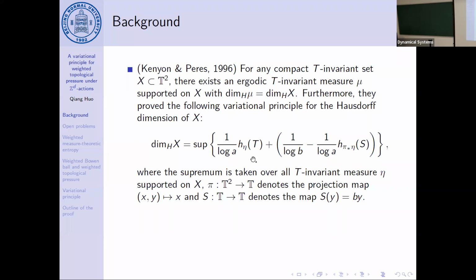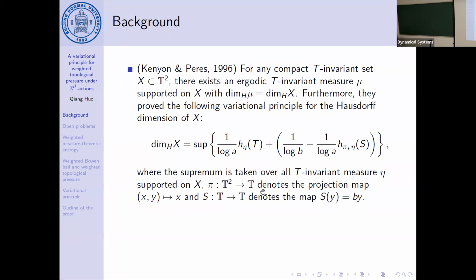So let us look at the right-hand side. It is the weighted sum of the measure-theoretic entropy, where A and B are determined by the expansive map T. And the weighted vector is 1 over log A, comma 1 over log B minus 1 over log A. And the supremum is taken over all invariant measures supported on the invariant set.